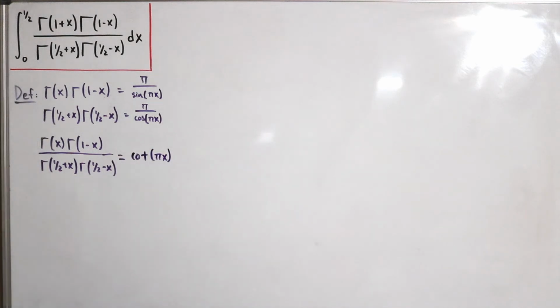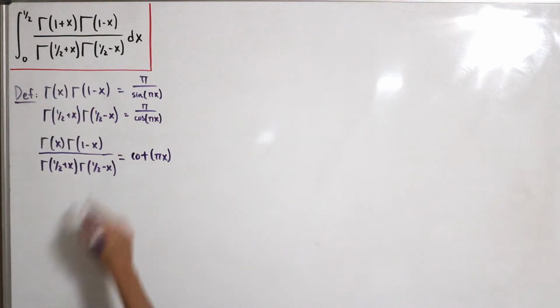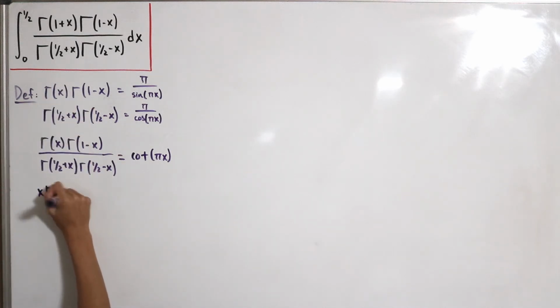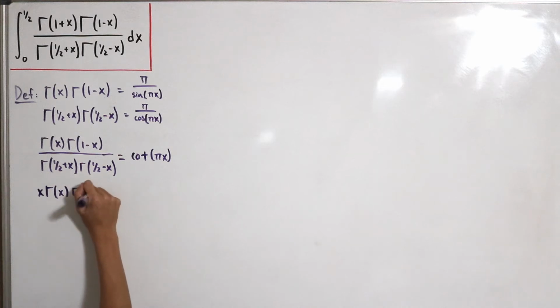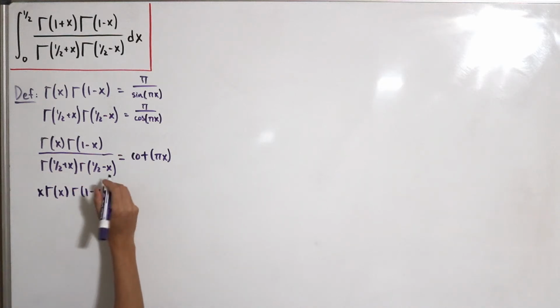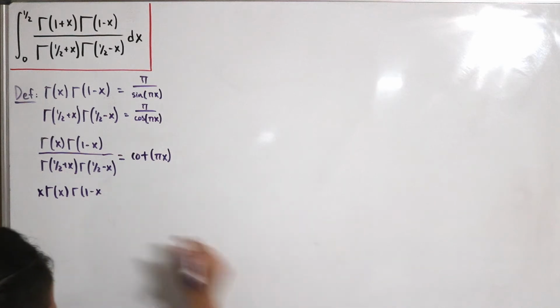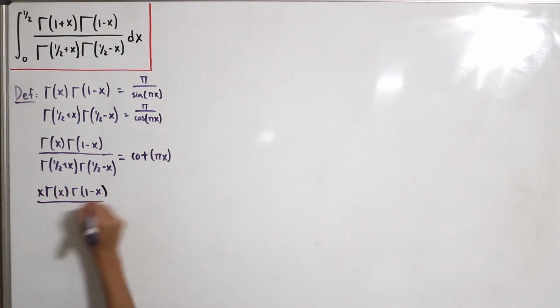Now, to manipulate things so that we match our integrand, let's multiply x to both sides of the equation. So we have x times gamma of x, times gamma of 1 minus x, and the denominator is still here.